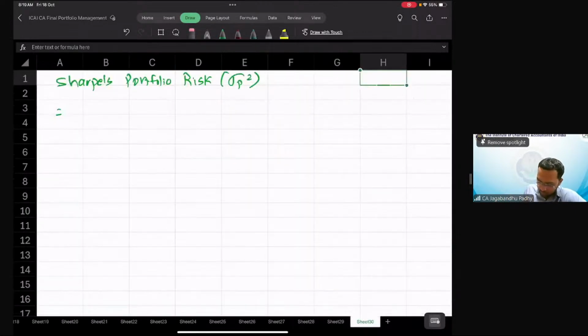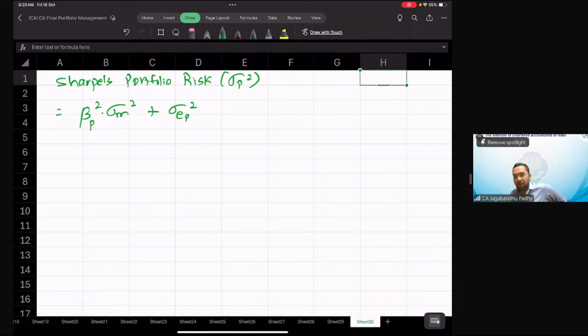Same way over here, we can have Sharpe's portfolio risk to be beta of portfolio square into variance of market plus variance of error of portfolio.